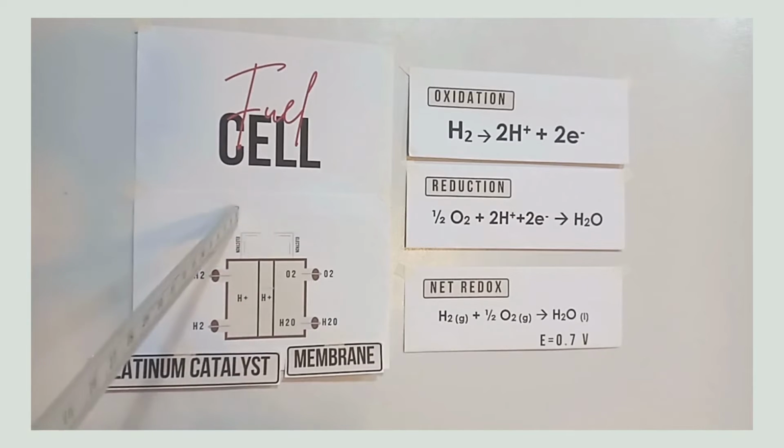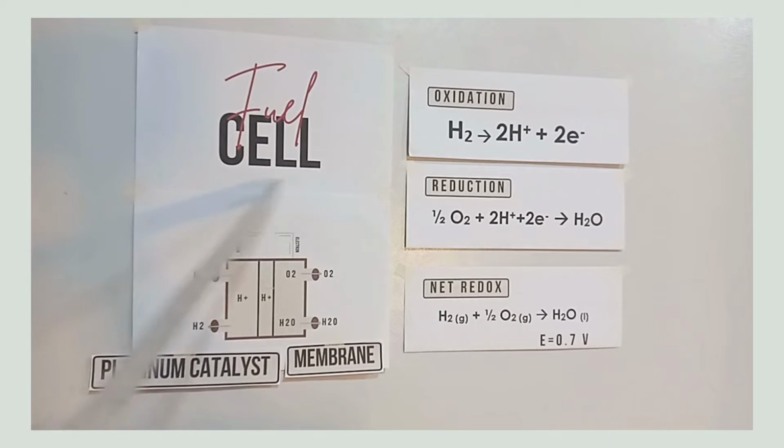It has a conductor that carries electrons from the anode to the cathode. This part here is the outside system that receives electricity in the form of current flow. The anode is negatively charged because it gives away electrons, and the cathode is positively charged because it receives the electrons.